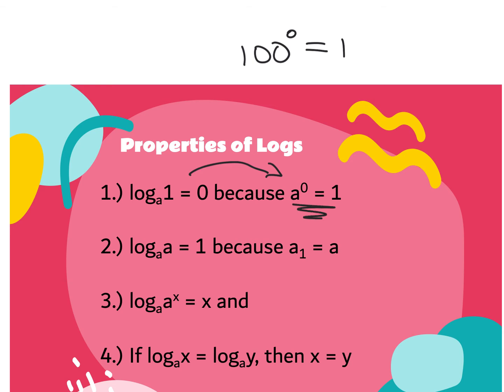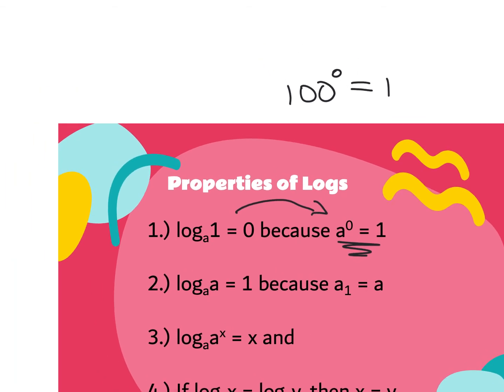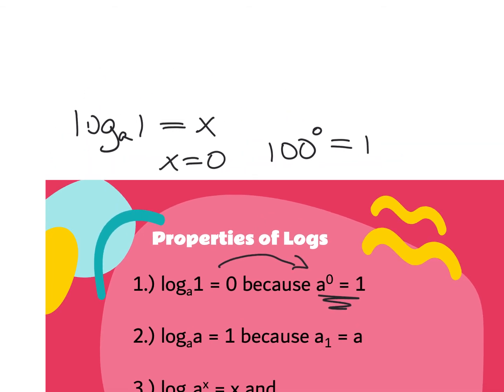So it's a property. So anytime you see, let's say the problem was find log base A of 1, find out what the answer is. Well, as soon as you see this, you should know that this x is going to equal 0. You're going to apply the property. Now, you could put it in exponential form if you need to see it.